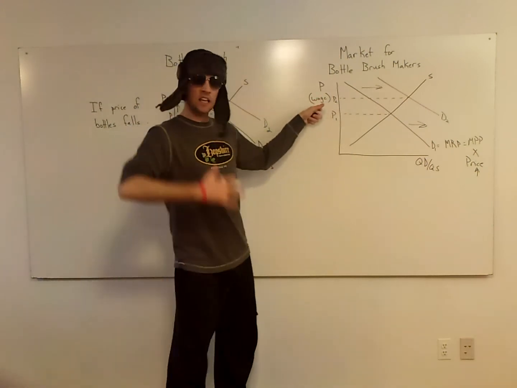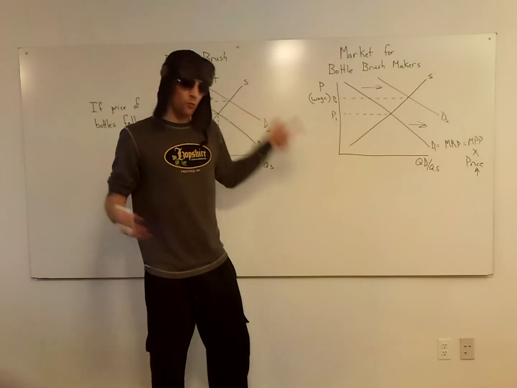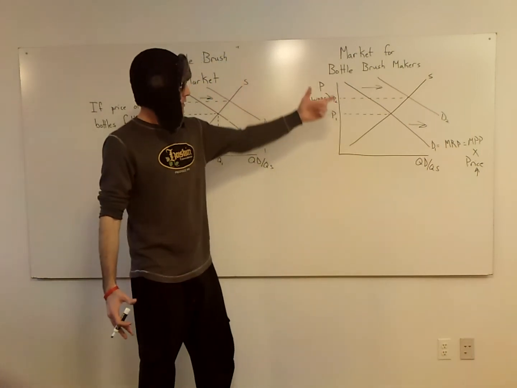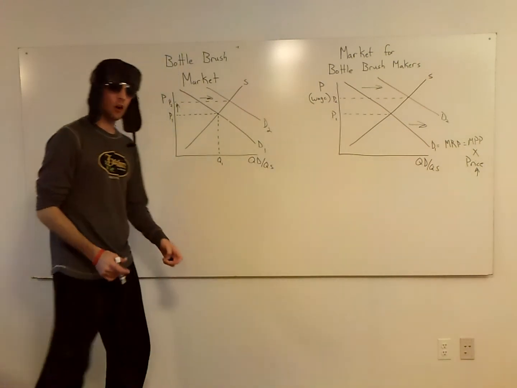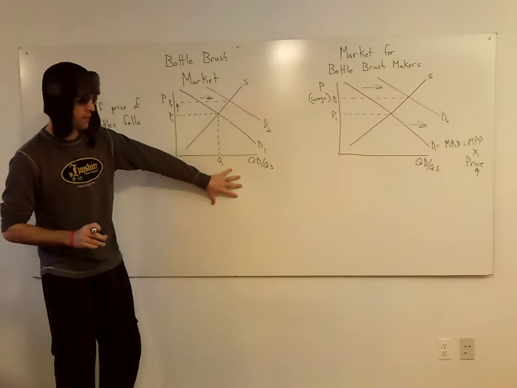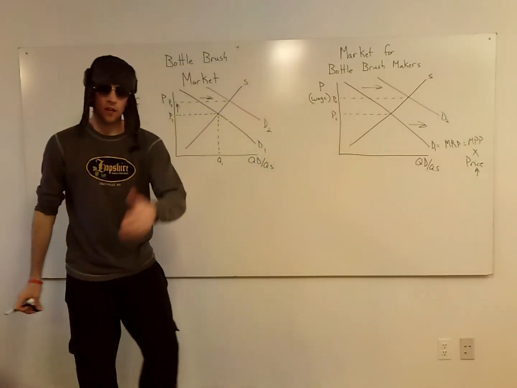This would work for any of your factors of production the same way. We would have called it rent if it would have been a machine or a factory, but we call it wage because it's a worker. So hopefully this helps you guys understand the relationship between what happens in the product market and what happens in the factor market.